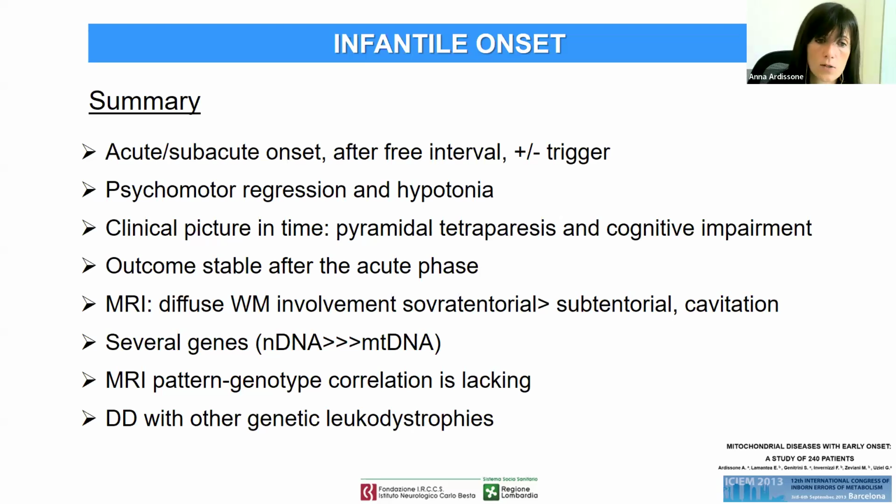Several genes are associated with mitochondrial leukodystrophy in children, more often encoded by nuclear DNA, differently from adult patients. But despite several causative genes, MRI pattern genotype correlation is lacking, and differential diagnosis is important with other genetic leukodystrophies with a similar clinical picture at the time of onset.